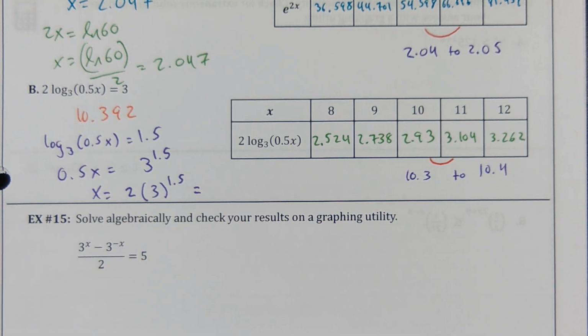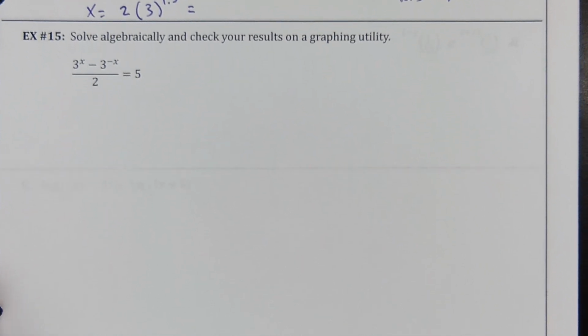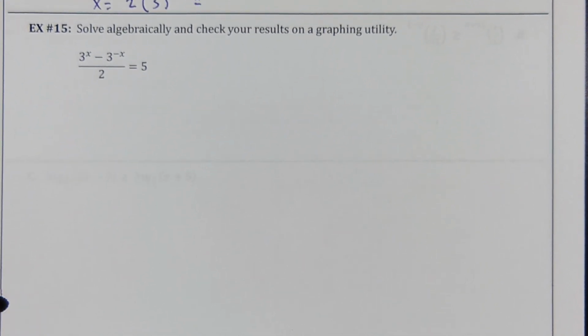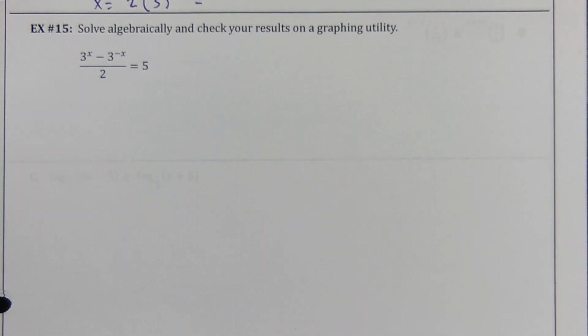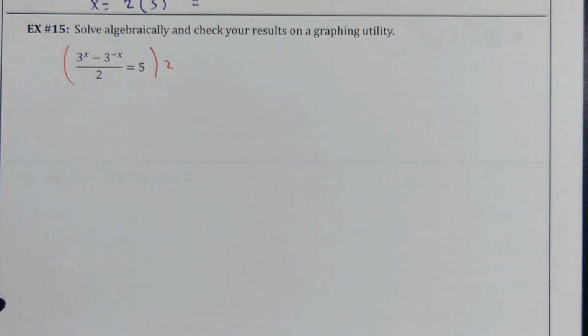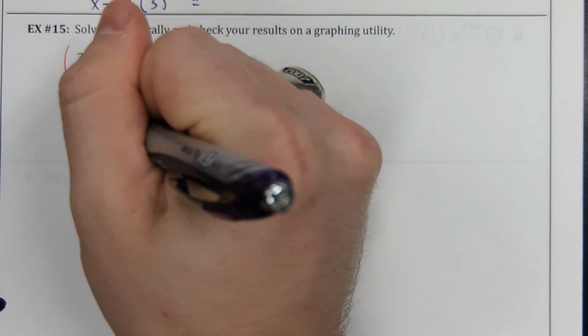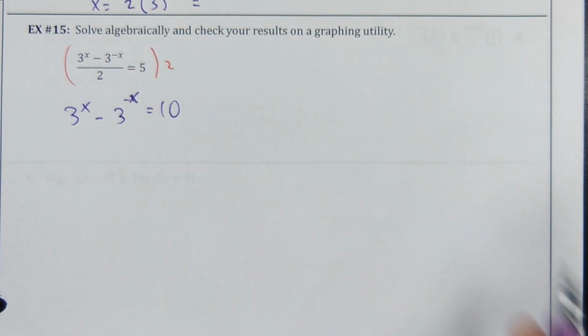And then lastly for today, this says solve algebraically and then check using a graphing calculator. Just like we did earlier in the lesson, we said we don't like fractions, right? Multiply by 2. That gets us 3 to the x minus 3 to the negative x equals 10.